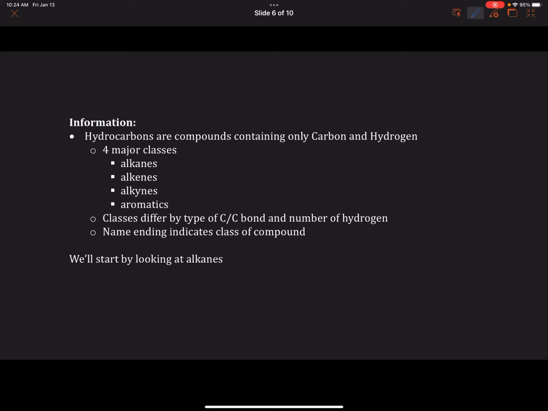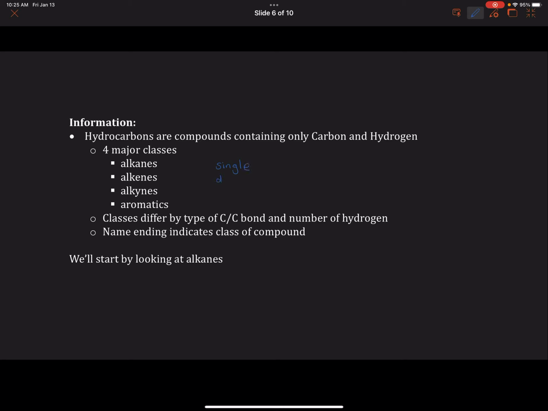So when it comes to our hydrocarbons, again, they contain only carbons and hydrogens, and we're going to encounter four major classes. We have alkanes, alkenes, alkynes, and aromatics. Now, these four classes differ by the type of carbon-carbon bond present and the number of hydrogens present. We're going to get into detail about each of these. We can talk about them real quick. The alkanes are going to contain only single bonds.